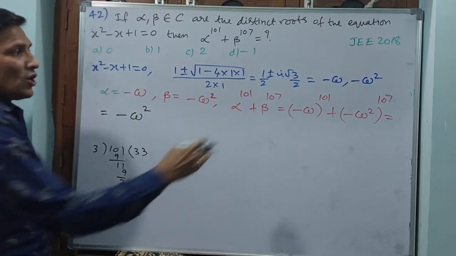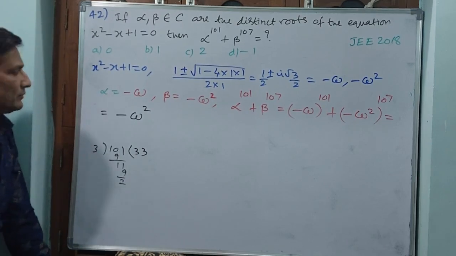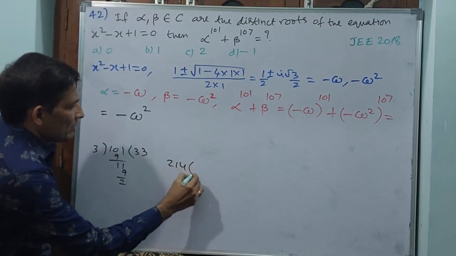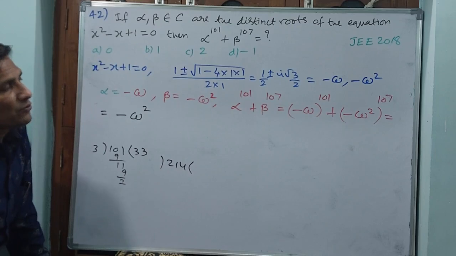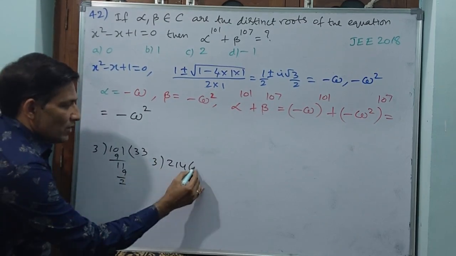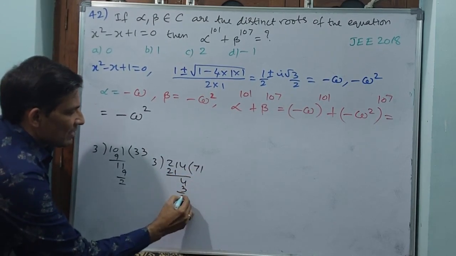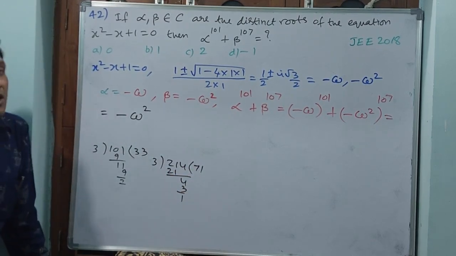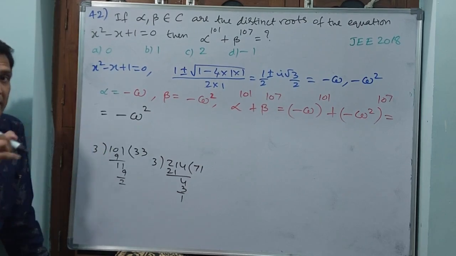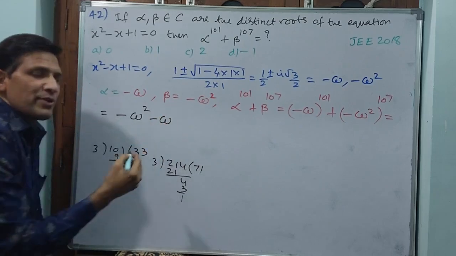That is one thing. 2 into 107, 214. Okay? 107 into 2. 2 7s are 14, 1 and 2 1s are 2. 3 7s are 21. 4. 3 1s are 3. 1. Omega power 1, but minus will be like this only. Minus omega power 1. 1 you write or don't write.